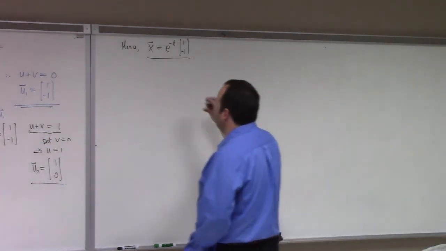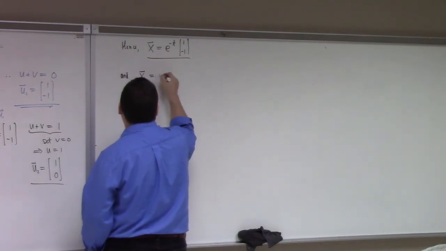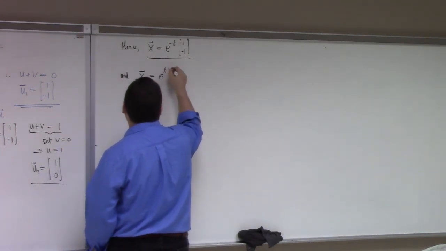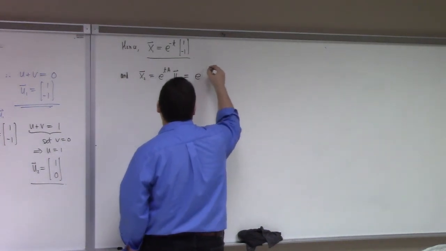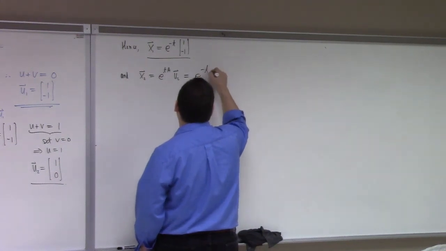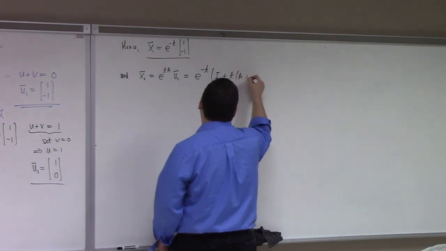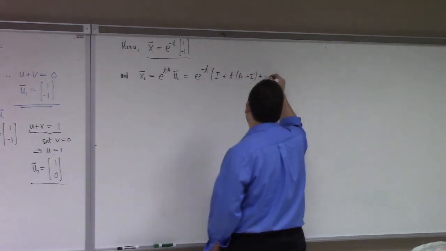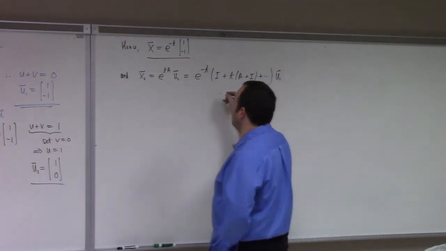How about x2? The second solution is e to the tA times u2, which here, with the magic formula, is e to the minus t times (I plus t times (A + I) plus more terms) times u2, right? But what's that work out to?